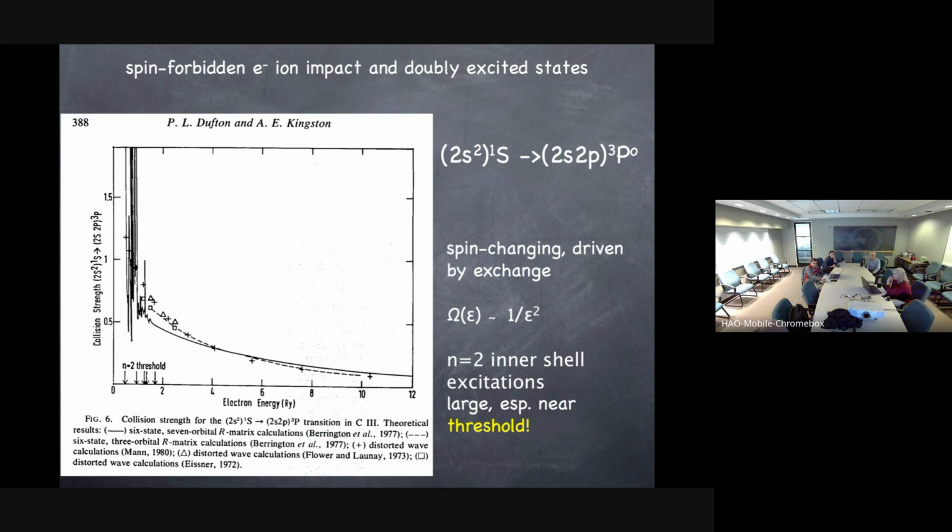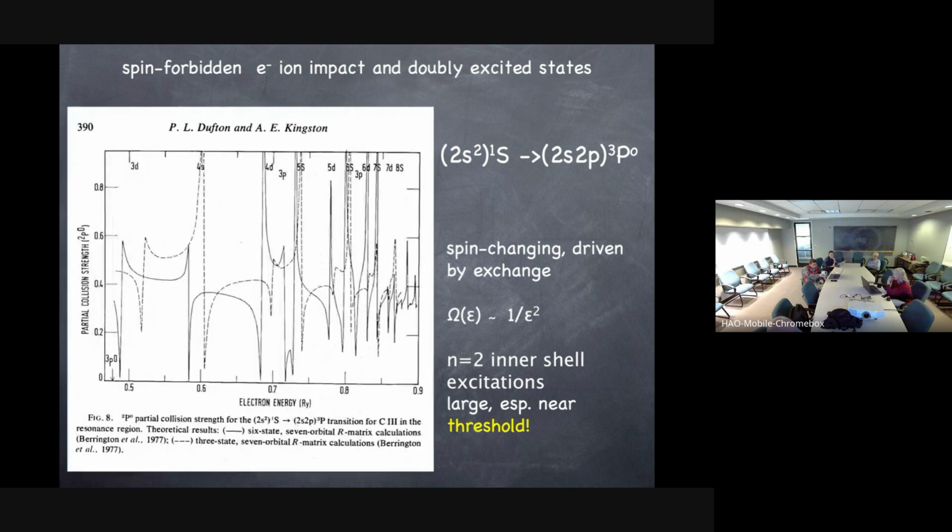I'm just warning you, I'm not going to go into more explanation of this, but certain kinds of transitions have a different behavior. I mean, in the worst case, you can look at things like this, in which it just looks like all hell has broken loose, right? And these are right at the energies for, again, a carbon-3 atom. I keep picking that one because it's familiar and we've looked at it. So imagine integrating that. This is a partial collision strength.